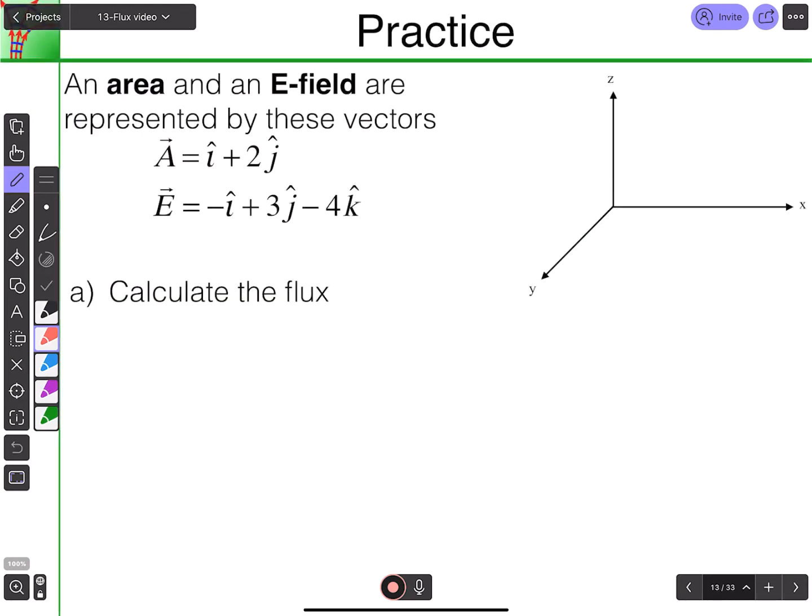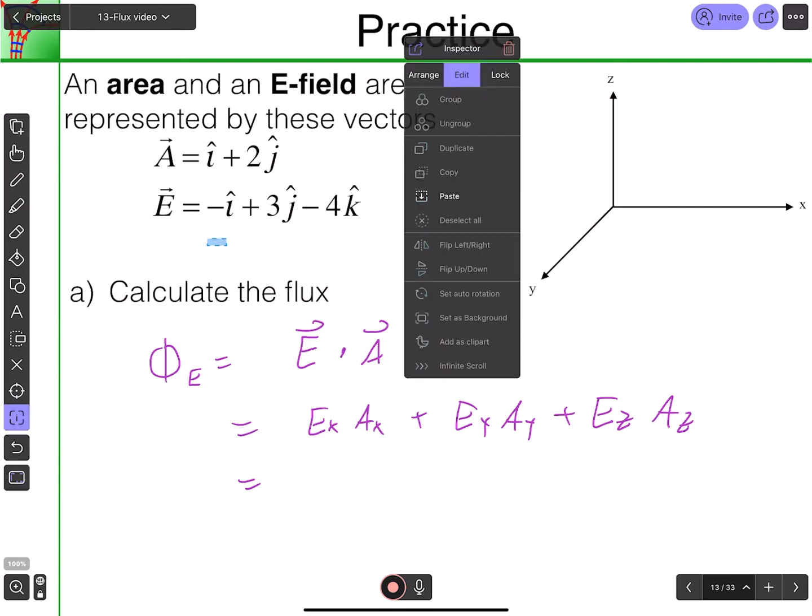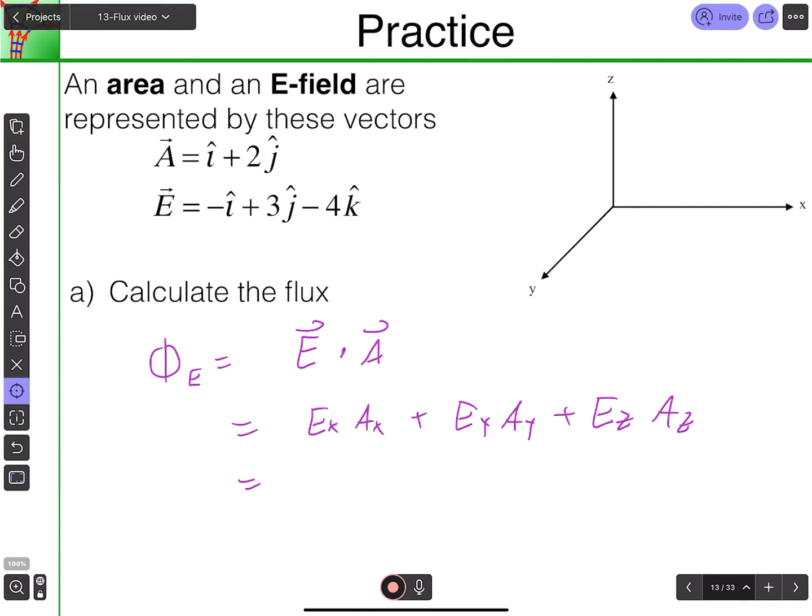In this case here, we're given the area just in vector form and the electric field in vector form, so calculating the electric flux is even easier here if you're used to taking dot products. So it's going to be E dot A, right? So I'll write it out the long way, so it would be EX times AX plus EY times AY plus EZ times AZ. And so EX is right here.